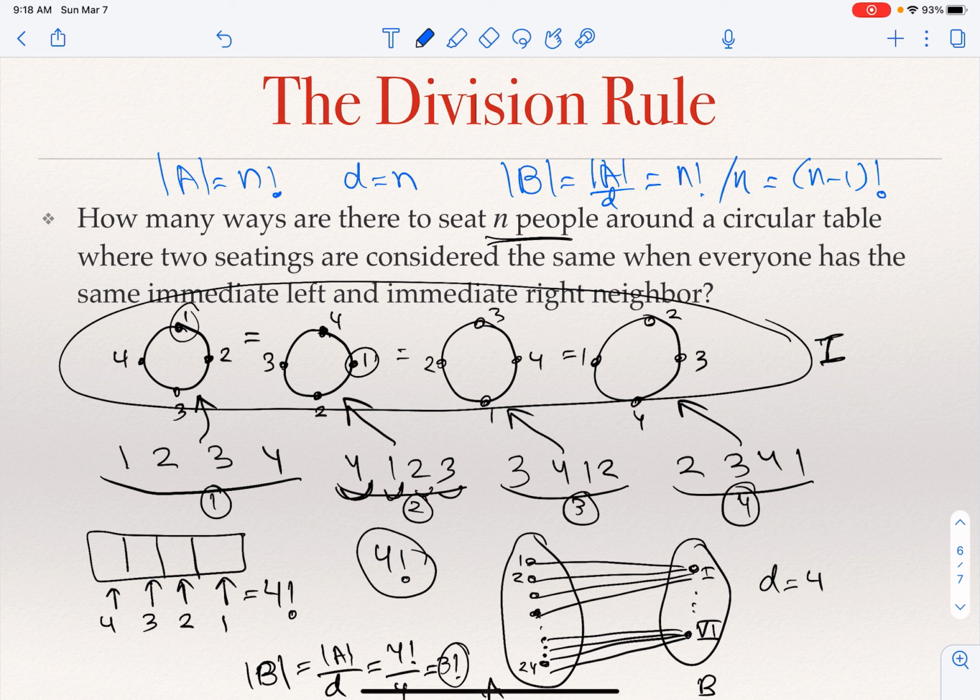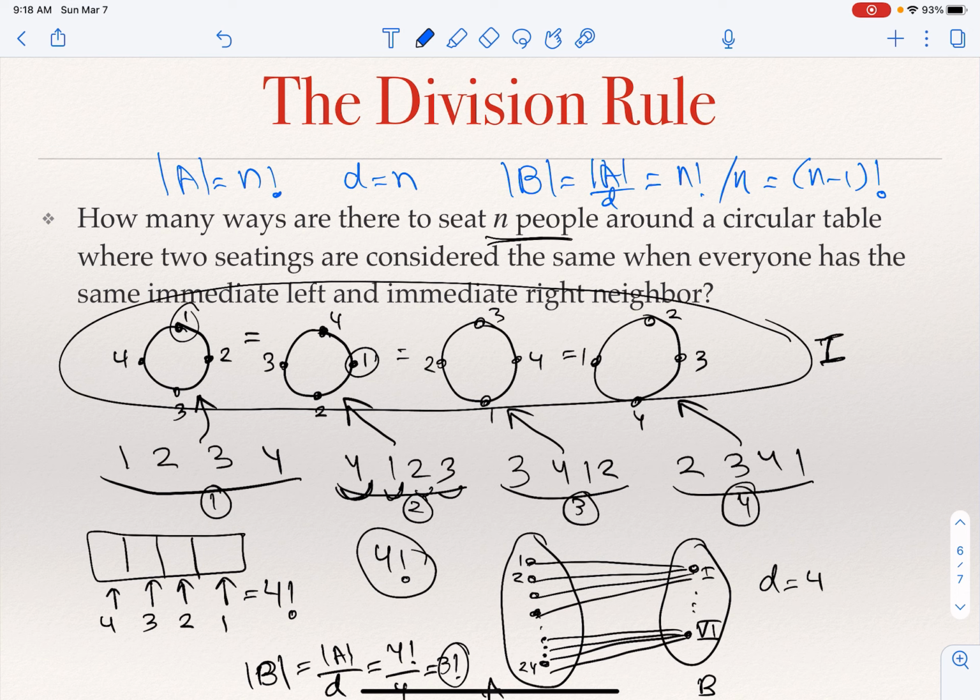Okay, so here again I broke the task of counting the number of seatings around the circular table into a set of tasks. I am looking at seating the n individuals in a line. Then the second thing, I wanted to reason about how many of them correspond to exactly the same circular seating.